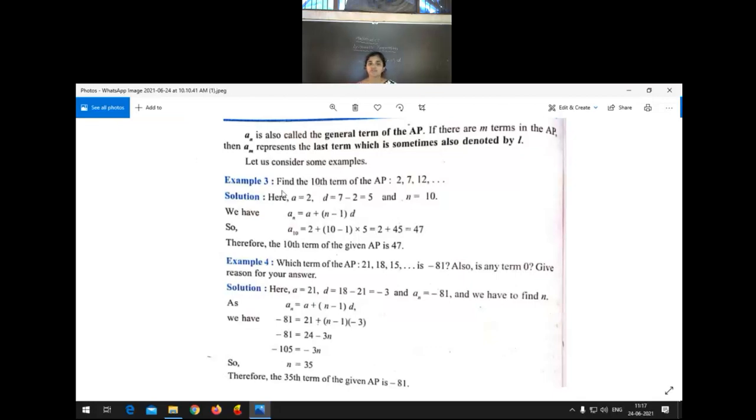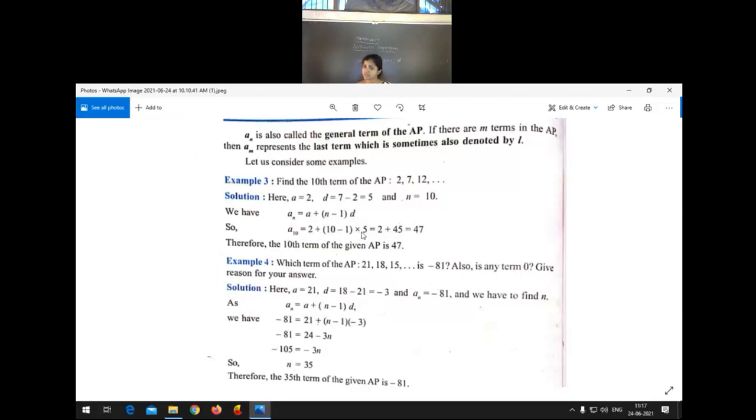Now we have the general term an = a + (n - 1) d. In place of n we take 10. a10 = 2 + (10 - 1) × 5. The a value is 2, the n value is 10, and the difference is 5.